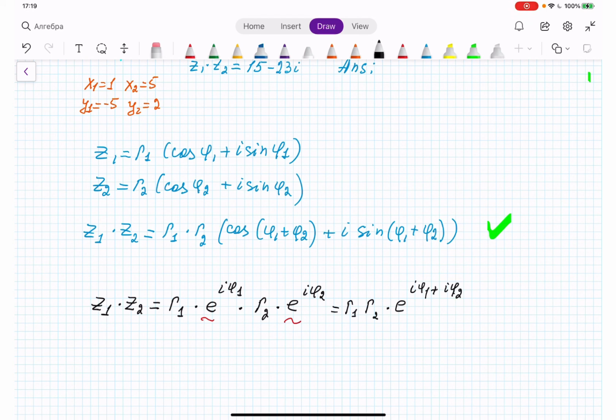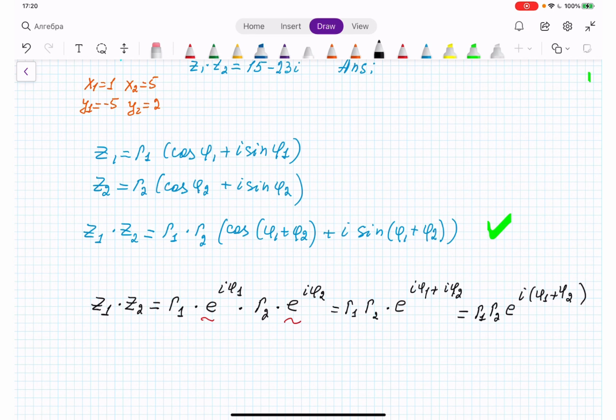And from here, we are getting r1 r2 e, taking i out, and we get phi1 plus phi2. Okay? Oops. Funny, huh? How I put the parentheses. All right.